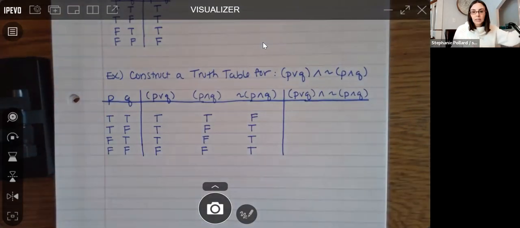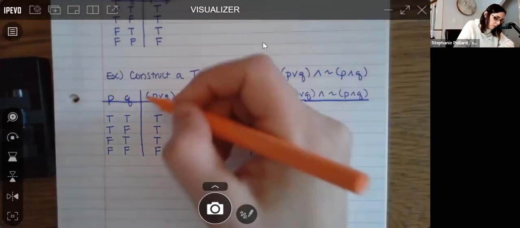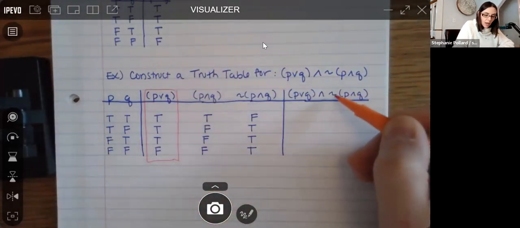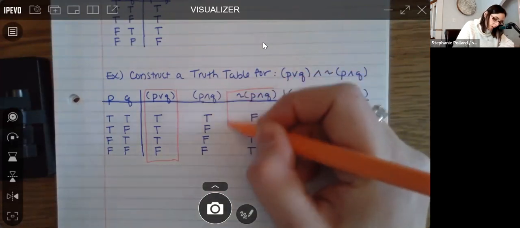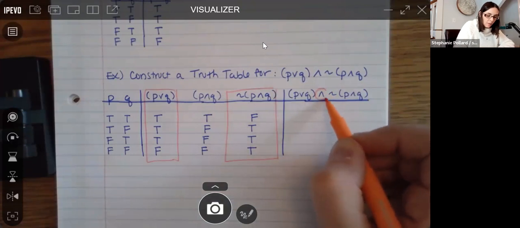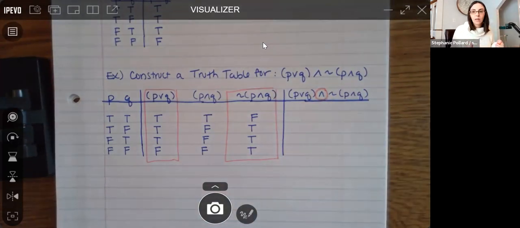Now, when I'm doing this, I'm not comparing everything. I'm looking at P or Q, so I'm looking at this group. And then I'm looking at the not P and Q, which is this group. And then I want to know what's the outcome when I have an and symbol. So remember, for and symbols, for it to be true, both parts have to be true.